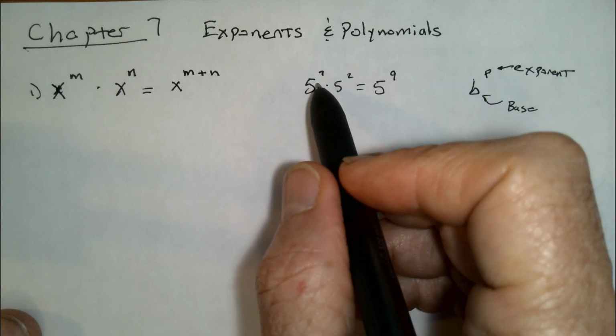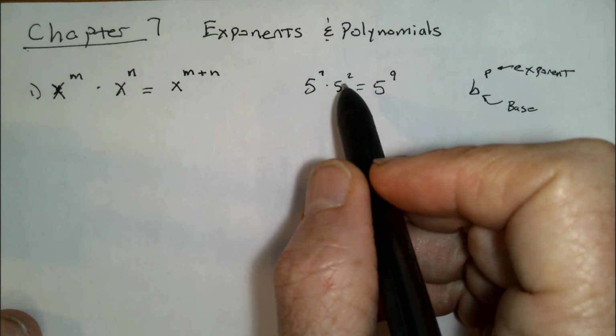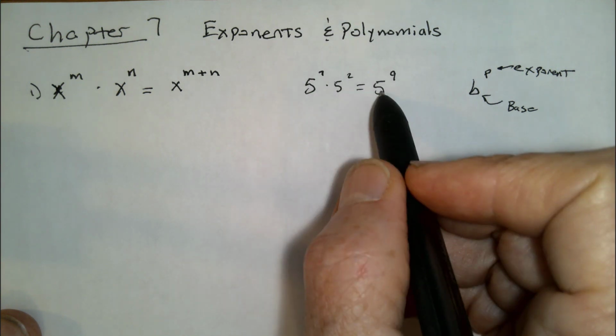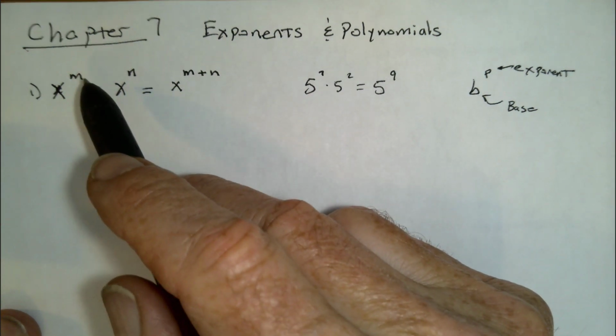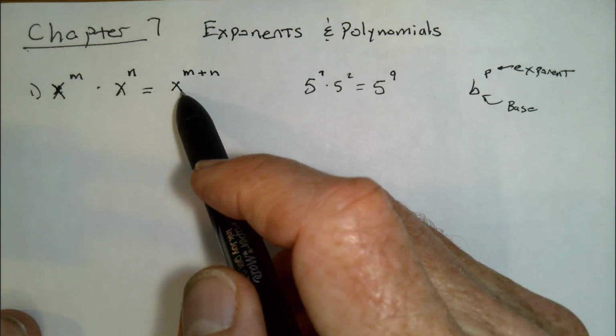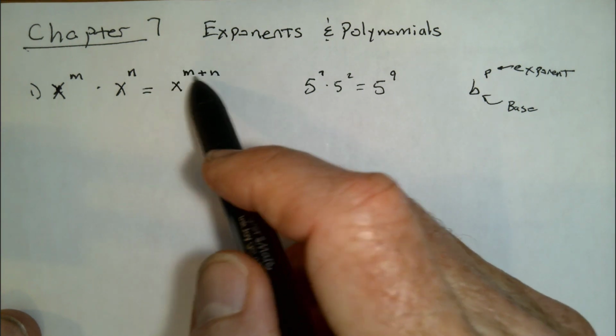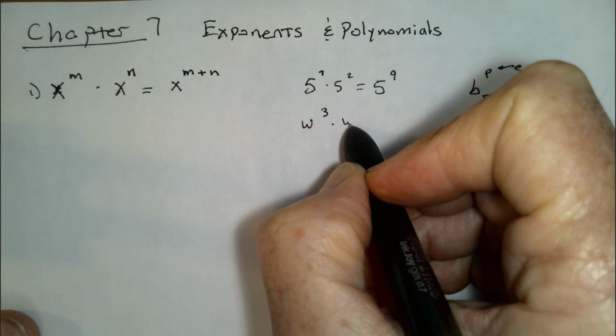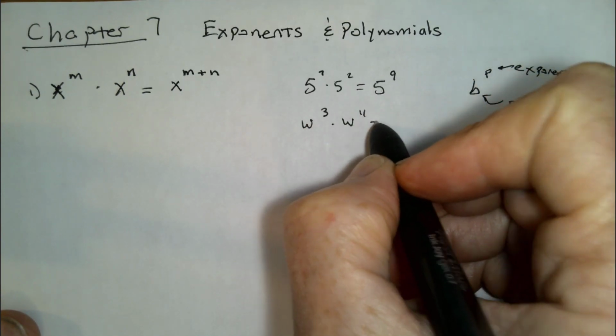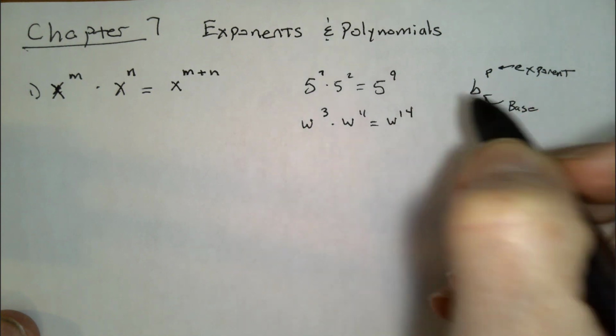There's 7 of these times 2 more of these, so I'm multiplying 9 factors of 5. Notice here, x to the m times x to the n stays x, but the power now is m plus n. It could be w cubed times w to the 11, which equals w to the 14.